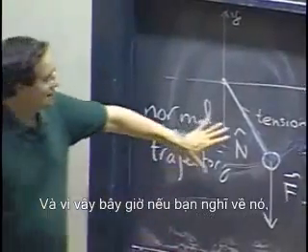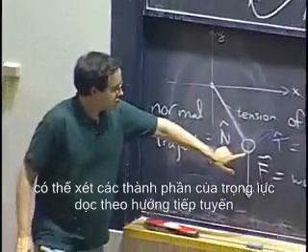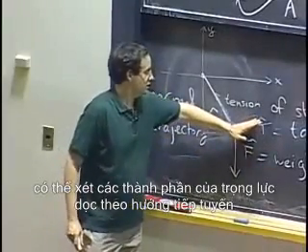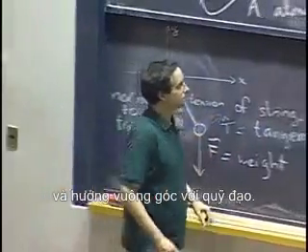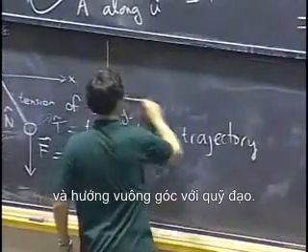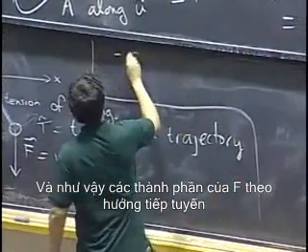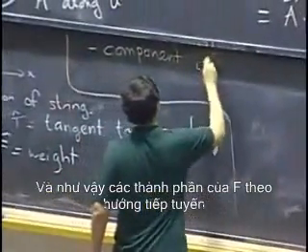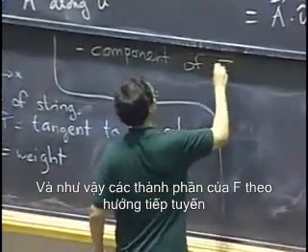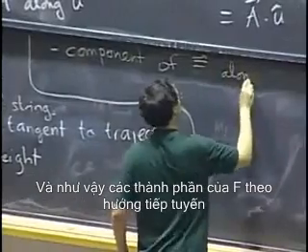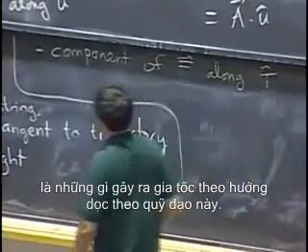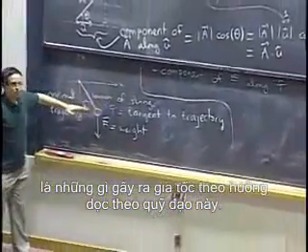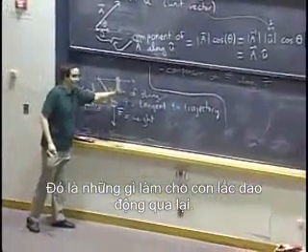Now, if you think about it, you can look at the components of the weight along the tangent direction and along the normal direction. The component of F along the tangent direction is what causes acceleration along the trajectory. It's what causes the pendulum to swing back and forth.